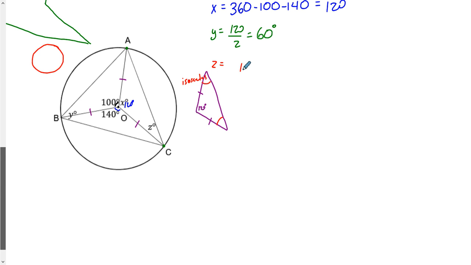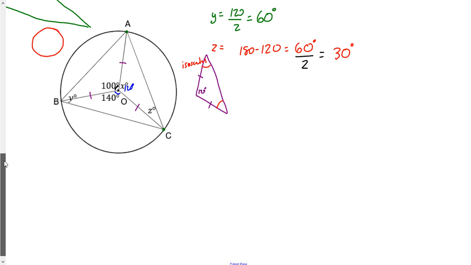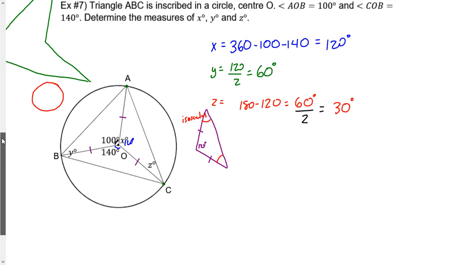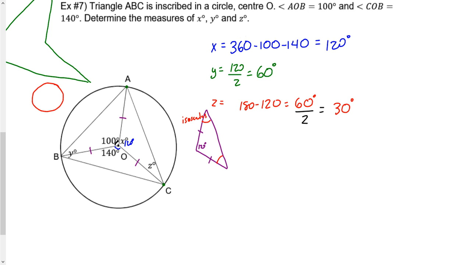We know that there's 180 degrees in a triangle. So if we subtract the 120, you'd be left with 60. So we'd have to split 60 degrees evenly among those two spots. Well, to split evenly means to divide by 2. 60 divided by 2 is 30. And that's it. There you can have some fun.